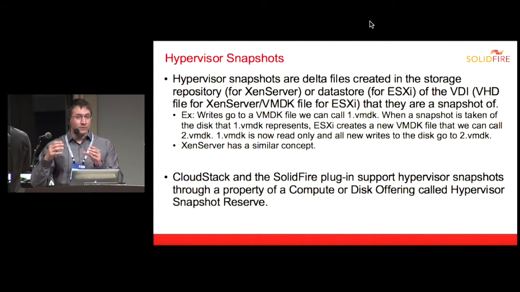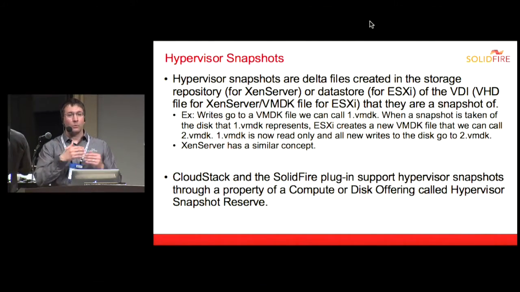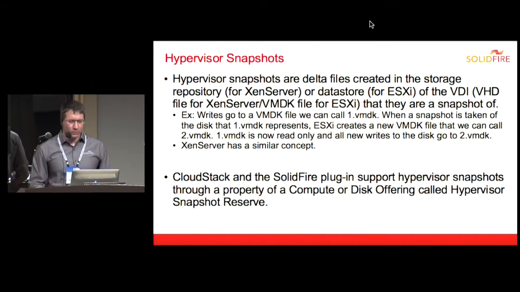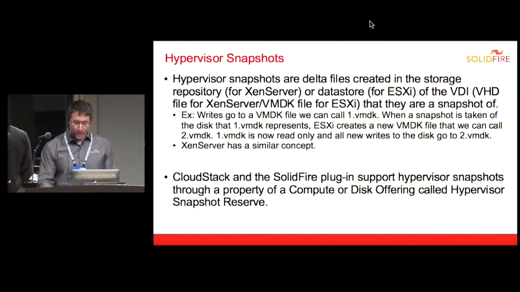So if you needed that virtual disk image to be 100 gigabytes, you can make your back-end storage repository larger than that. That way you can take hypervisor snapshots and they can all fit within that same storage repository. Same concept applies on ESXi. I won't cover a whole lot more of the details on that due to time, but the gist is that hypervisor snapshots are supported.